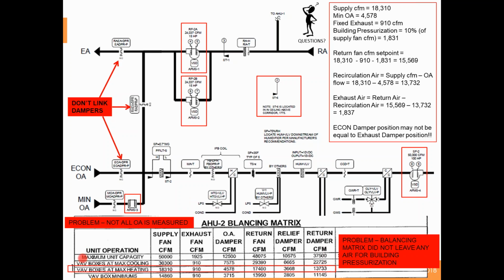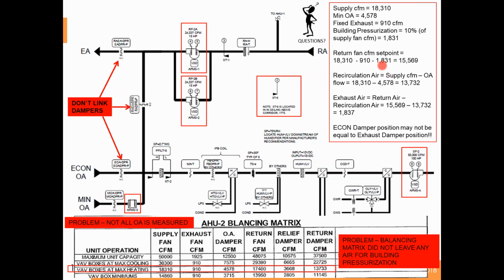And what I've done up here on the right is to redo their numbers and say, well, building pressurization of 10% of my 1830 would be 1,831. And now we have to come up with a new set point for the return fan. So the return is not going to be the 1831 minus the 910, which would have been your 1740 they calculated.